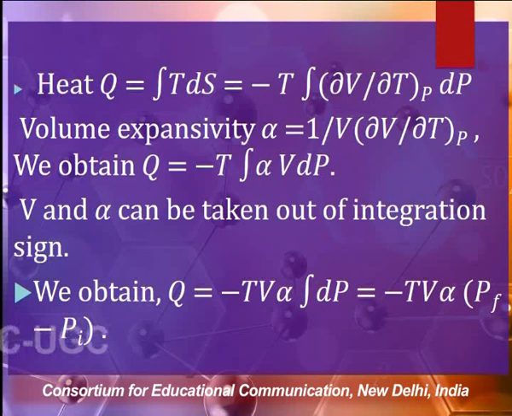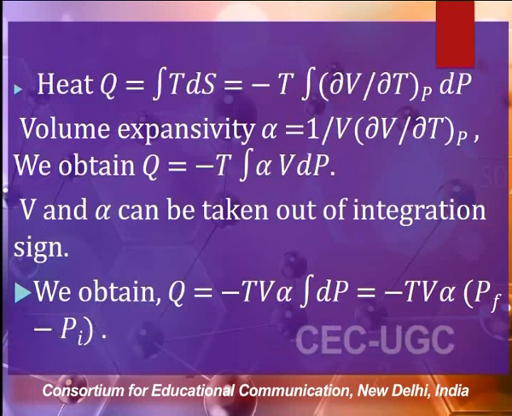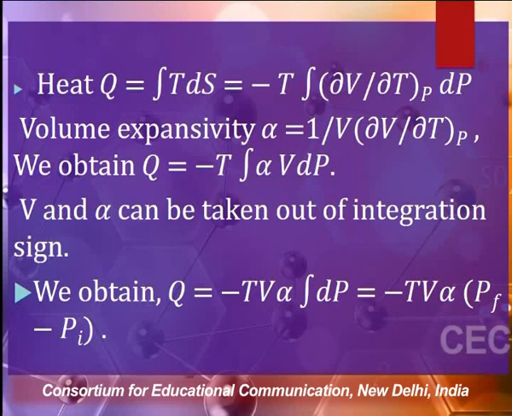Now everybody should note that by default alpha is taken to be an isobaric process. Supposing we are asked to calculate the alpha under adiabatic conditions, then we would be taking entropy to be a constant.